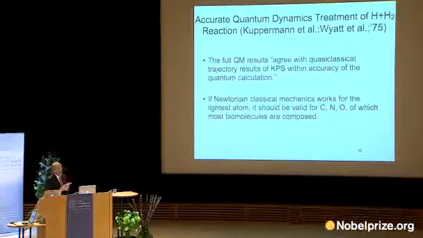And so the conclusion from this is that if a light atom like the hydrogen atom, where you would expect the largest quantum effects, could be described classically in most cases, not in all, there's tunneling and so on, then for the larger atoms, carbon, nitrogen, and oxygen, the heavier atoms of which biomolecules are composed, classical mechanics should be valid.